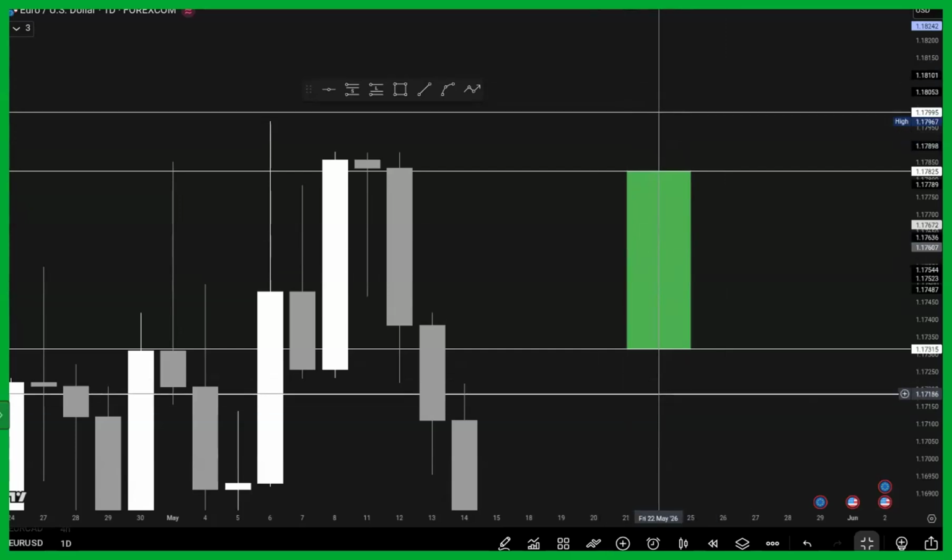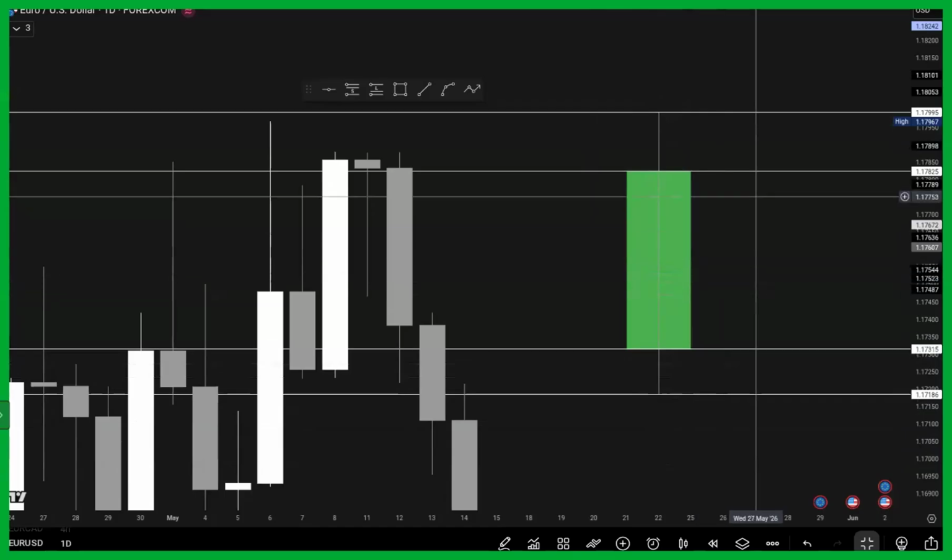So this was the lowest point that price got to before it was what? Rejected. And we have 2 points of rejection in the market. The first one is the low, which is the lowest place that price will get to, and at that point it will then be rejected, right?